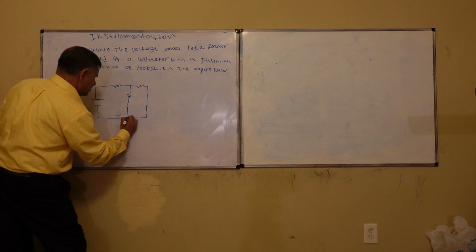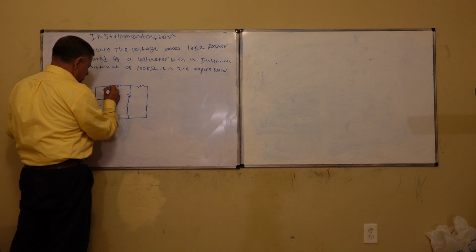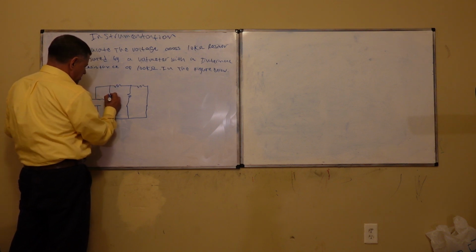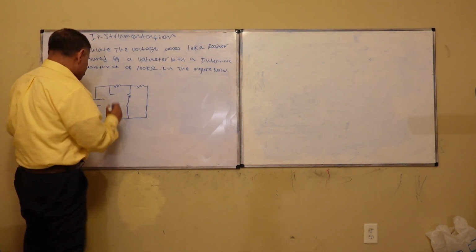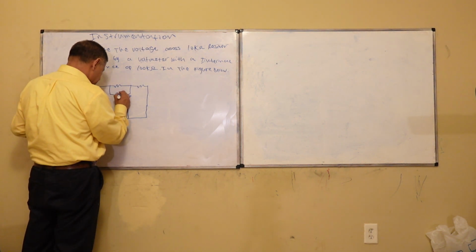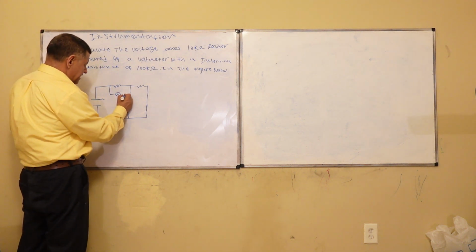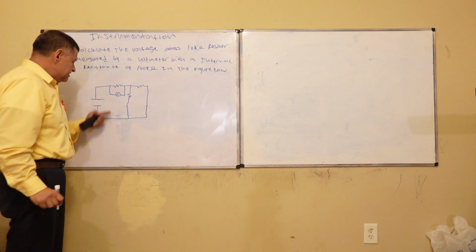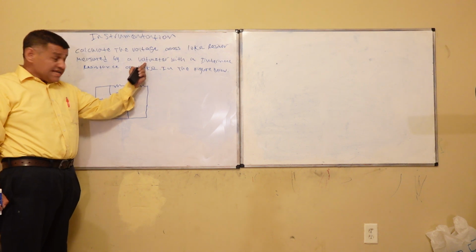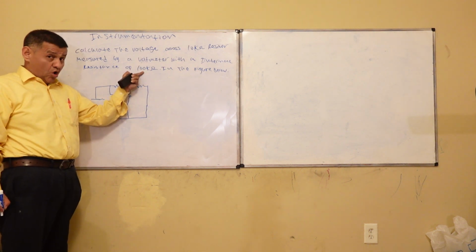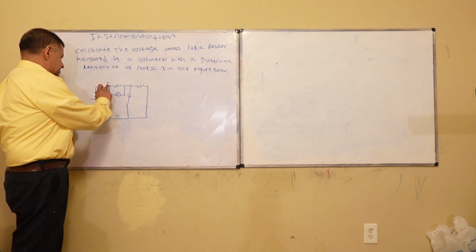Now right here I have something with a circle on it, and inside the circle I have a V. This is the meter that they're talking about, that has 100 kilo ohm resistance on it. So the meter is in parallel with this, right?